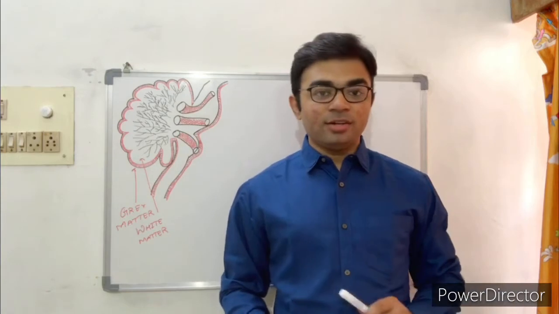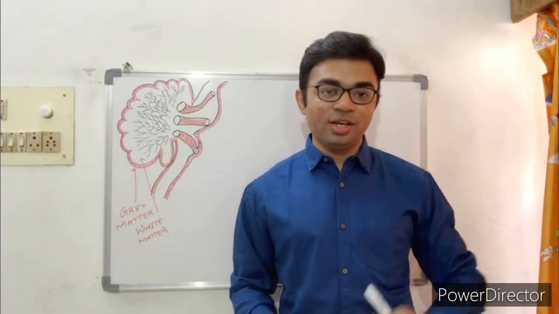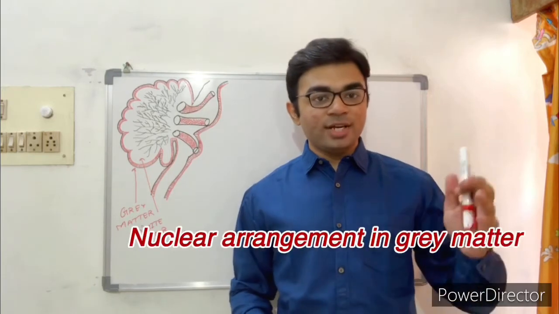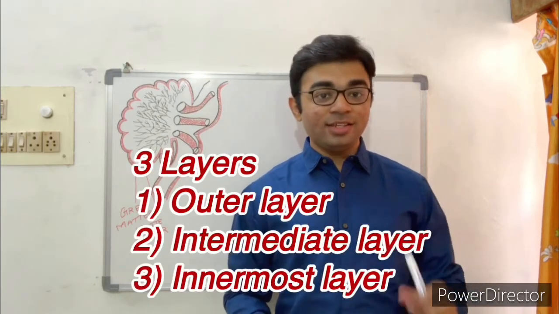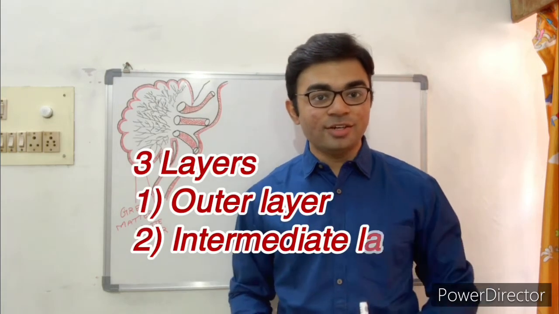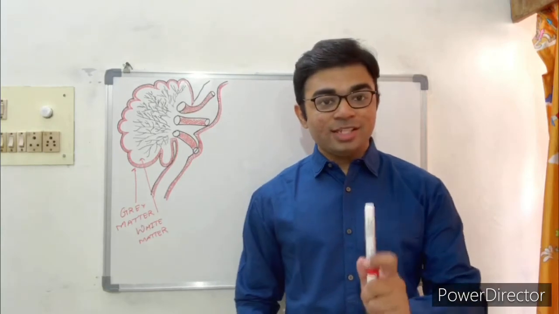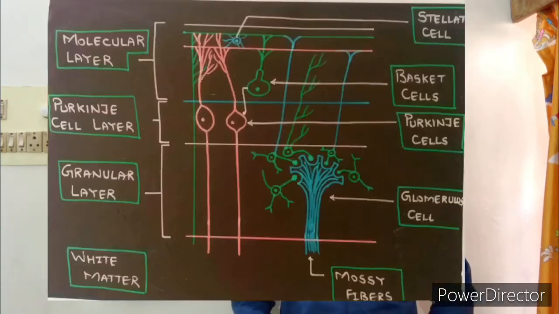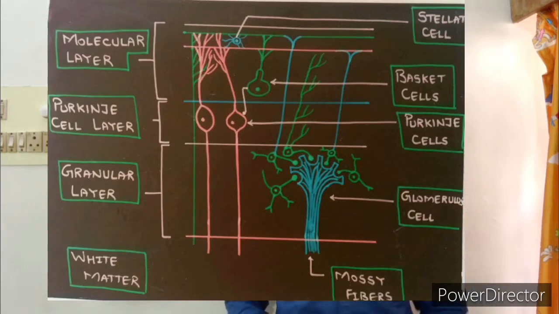Now in grey matter there are many nuclei which are arranged in three layers: the outermost layer, the intermediate layer and the inner layer. These are the three sublayers of the grey matter. Now you can see a photograph on your screen, in which I have shown the outermost layer, which contains stellate cells, and the intermediate layer, which contains the Purkinje cells.